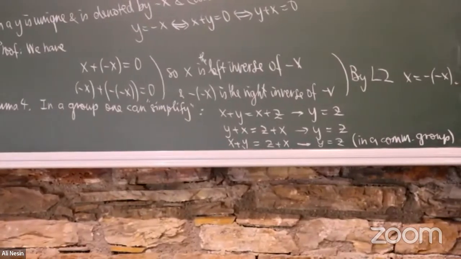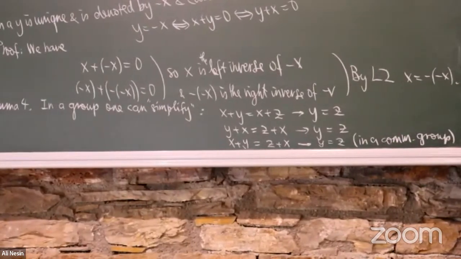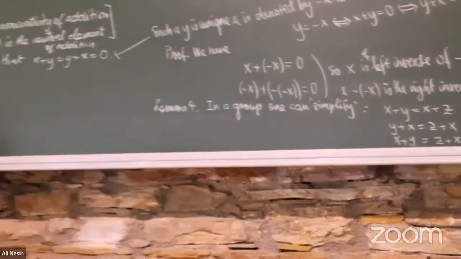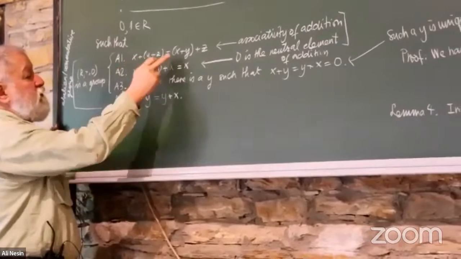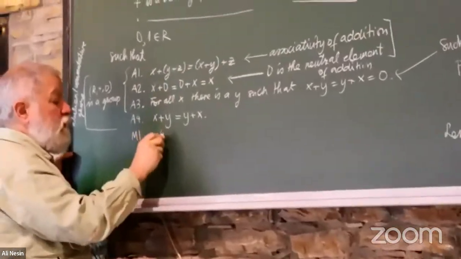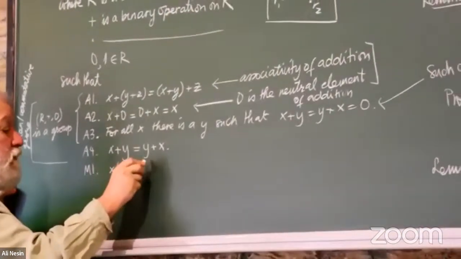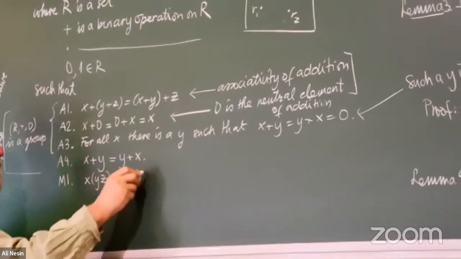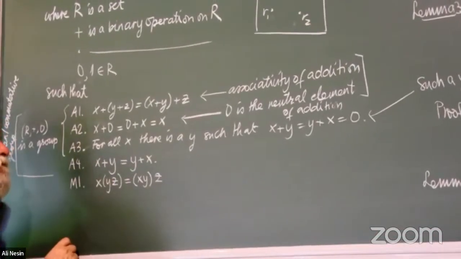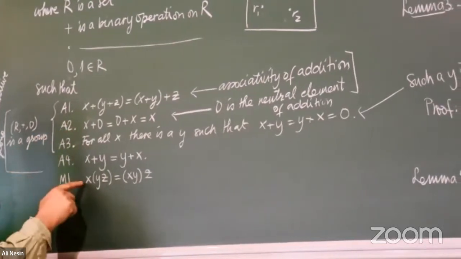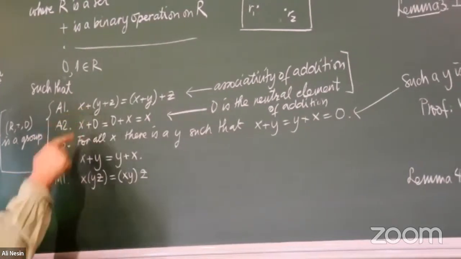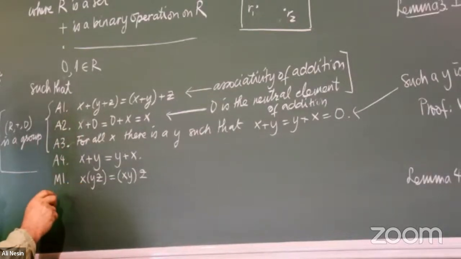This is about addition. A for addition: A1, A2, A3, A4. Now about multiplication. M1. Again, associativity. X times YZ is equal to XY times Z. This is associativity of addition. This is associativity of multiplication.